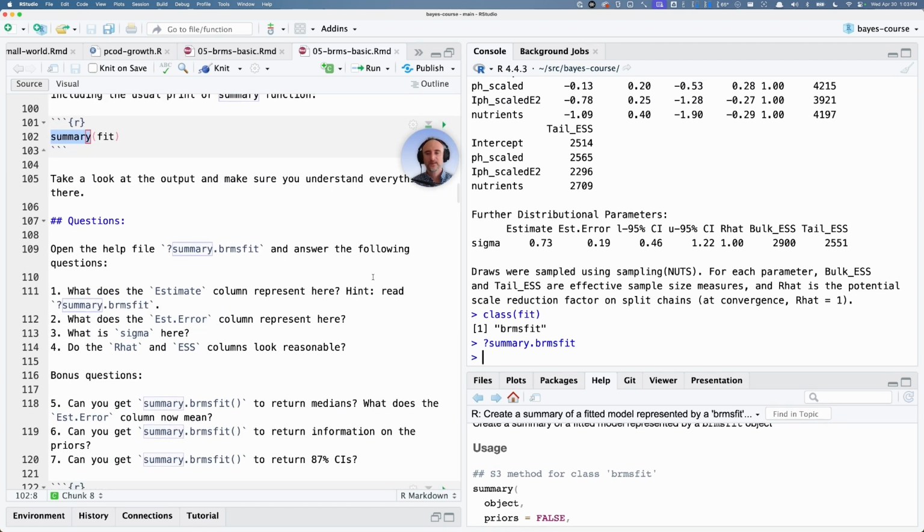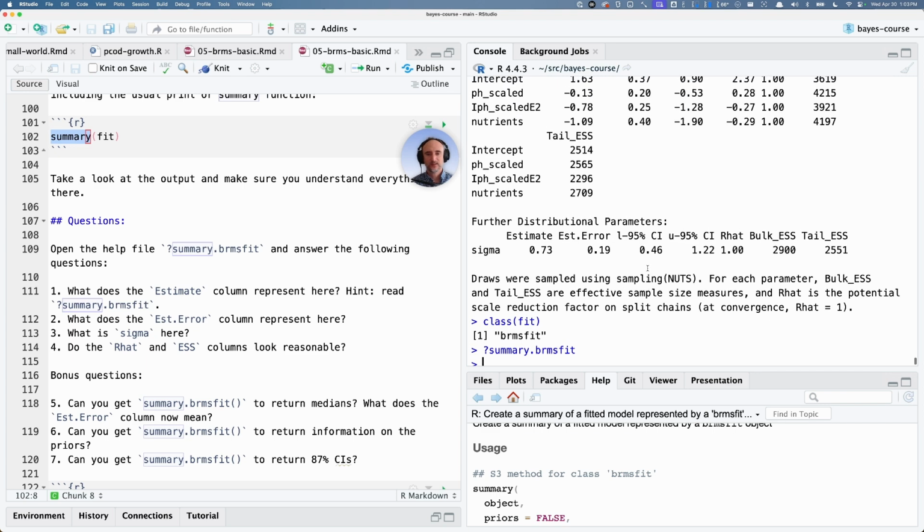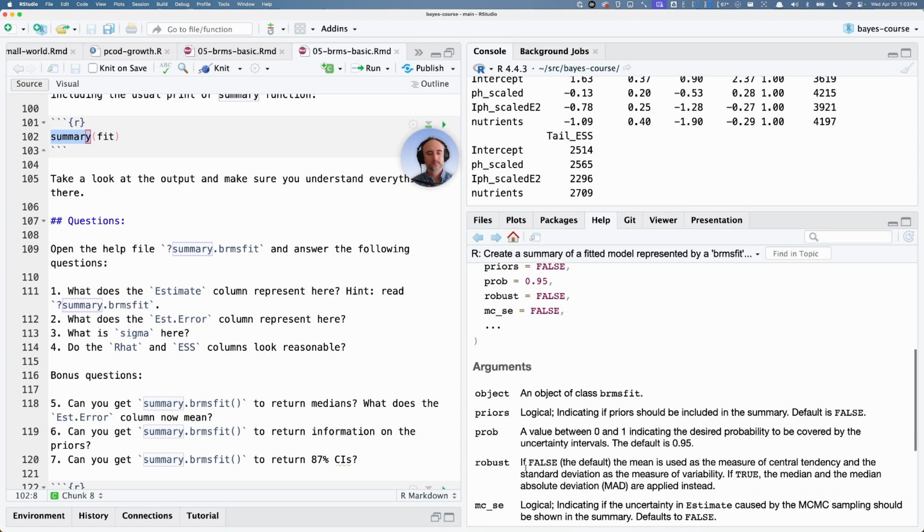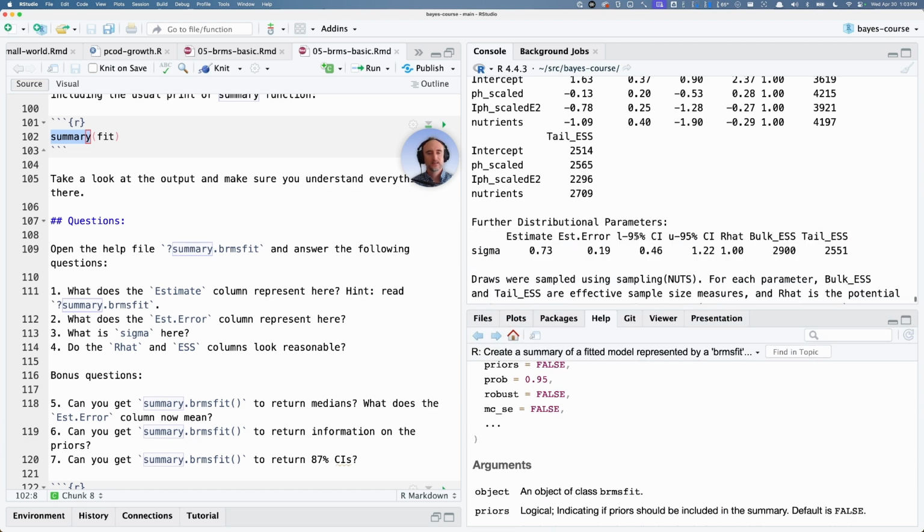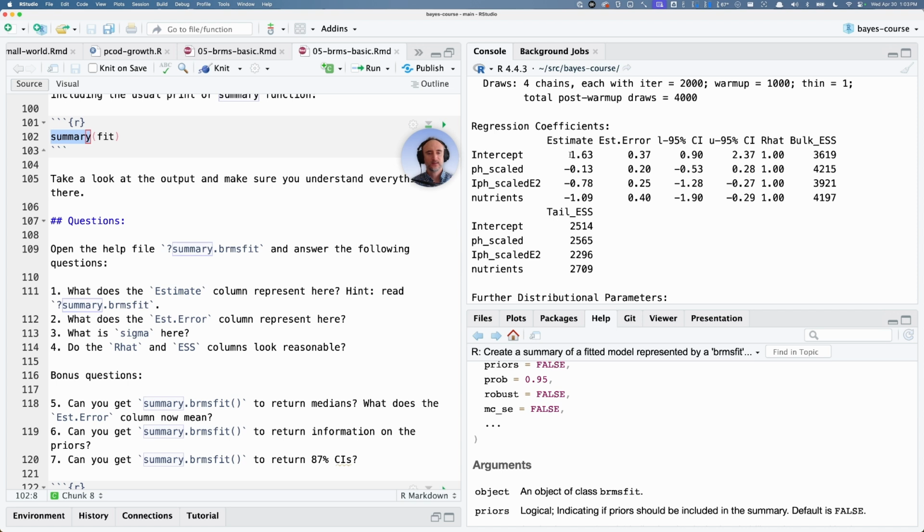So first of all, what does the estimate column represent here? Well, if you read the help file, you'll see that the default is the mean is used as a central tendency. So when we look at this, we're seeing this is the mean of the posterior for the pH scaled coefficient. And the documentation will tell you that the s.error is by default the standard deviation of that posterior distribution.